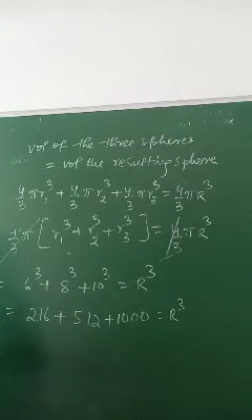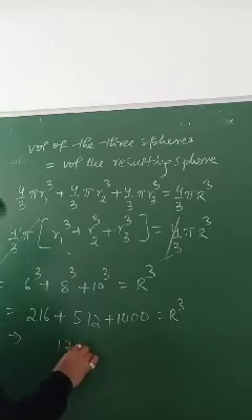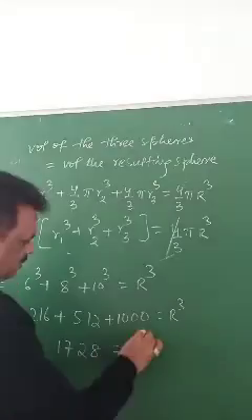So it is 1000, 512, 216. 1728. 1728 equals R cube.